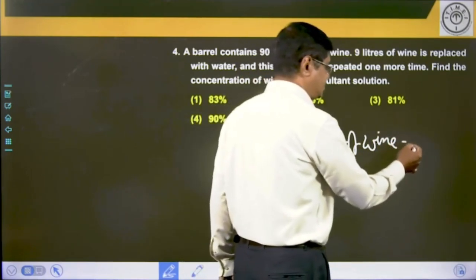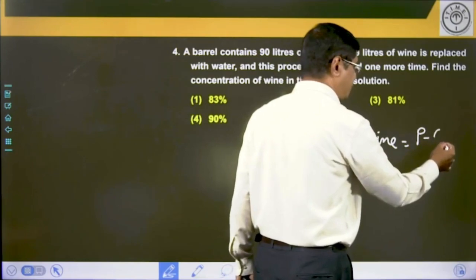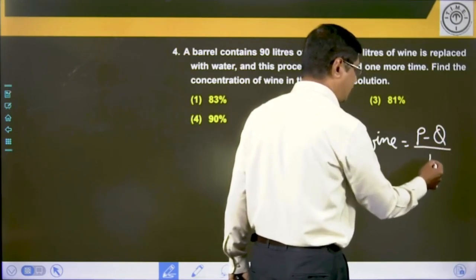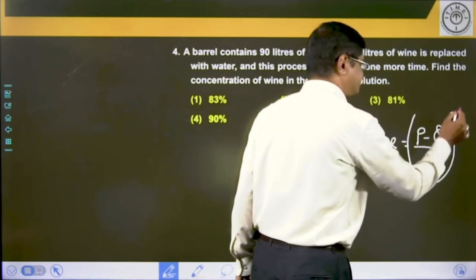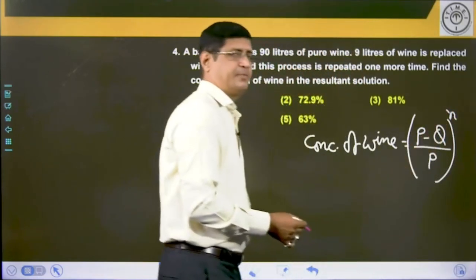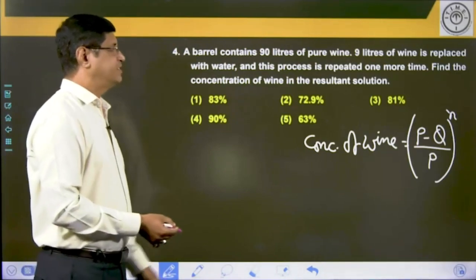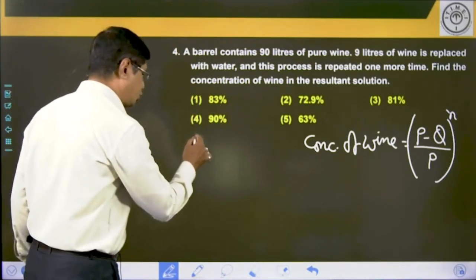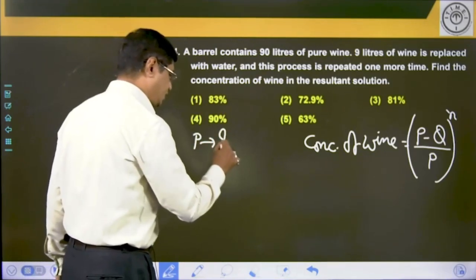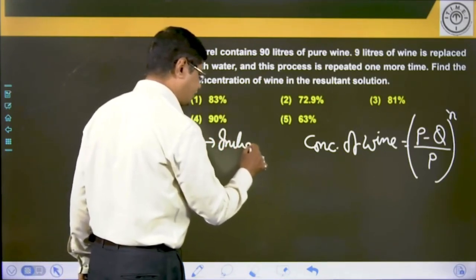we can find just by using this formula. So P minus Q by P whole power N. What is P? P is the initial quantity. How much is the initial quantity here?